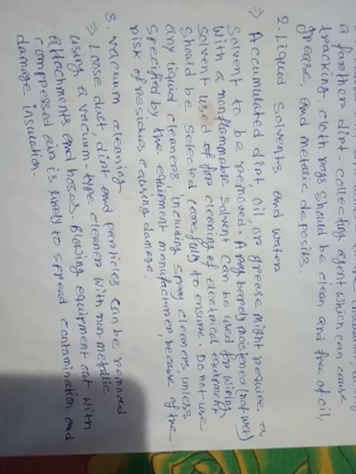We can use vacuum cleaning when loose dust, dirt, and particles are to be removed from the surface of any insulating material or electrical apparatus. So this is a method of cleaning electrical apparatus or electrical insulation.